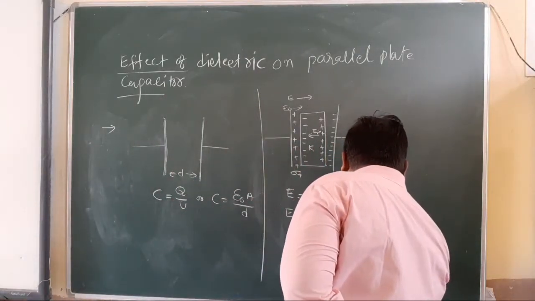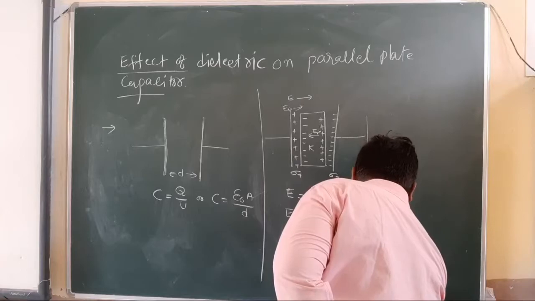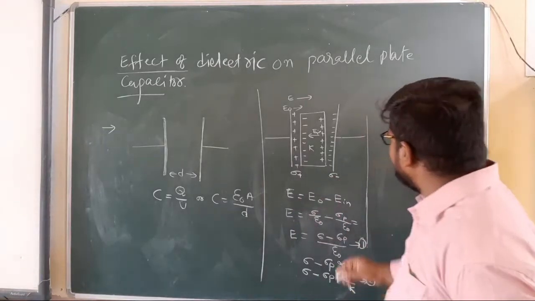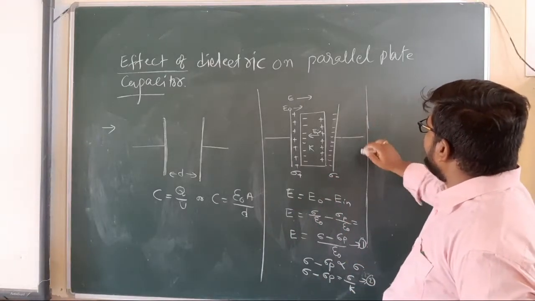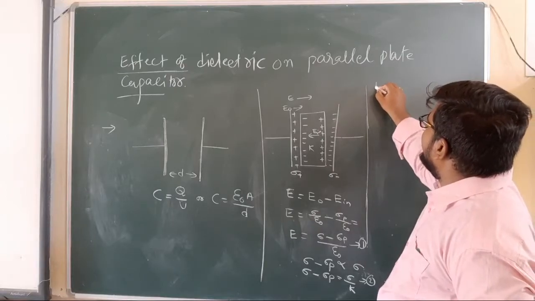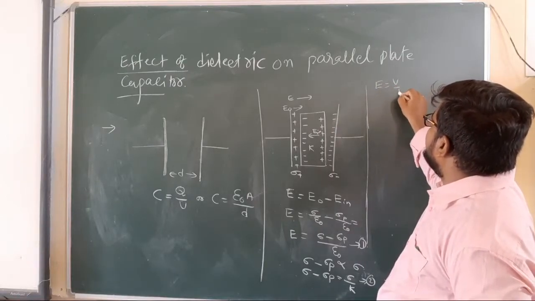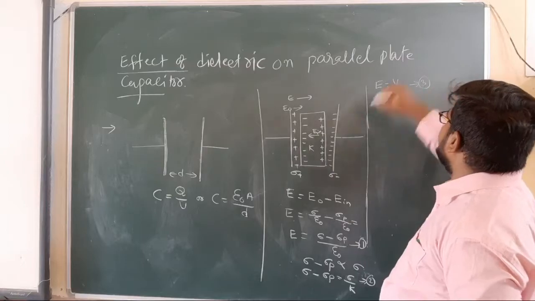This is equation 1, this is equation 2, and we know that the potential gradient E is equal to V by D. This is equation 3.